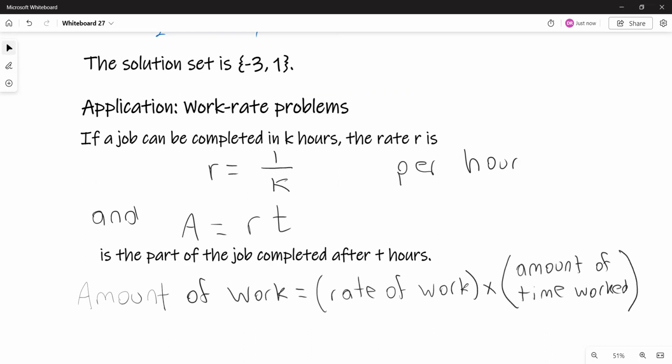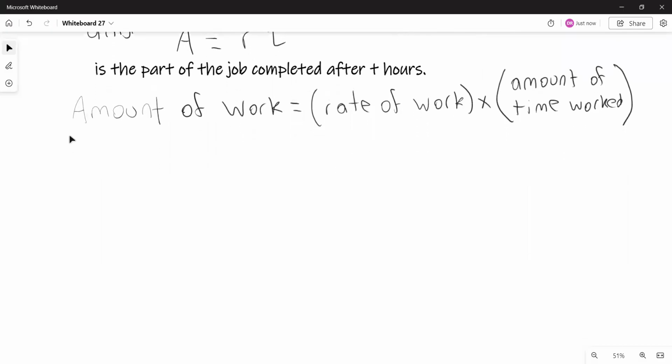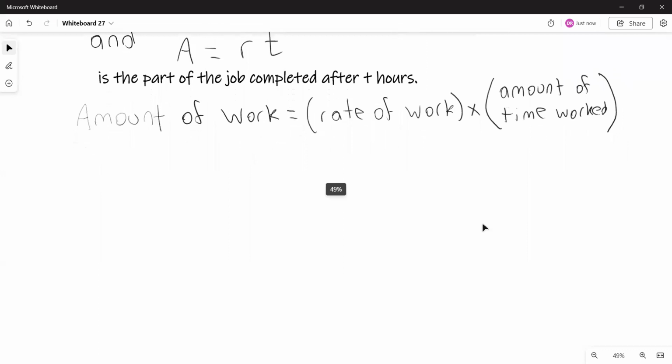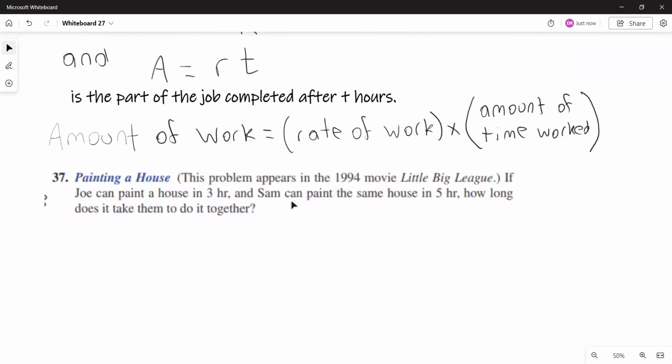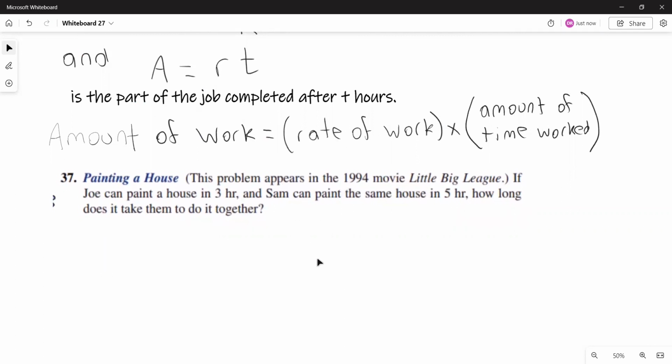Okay, we're going to do number 37 on page 147.